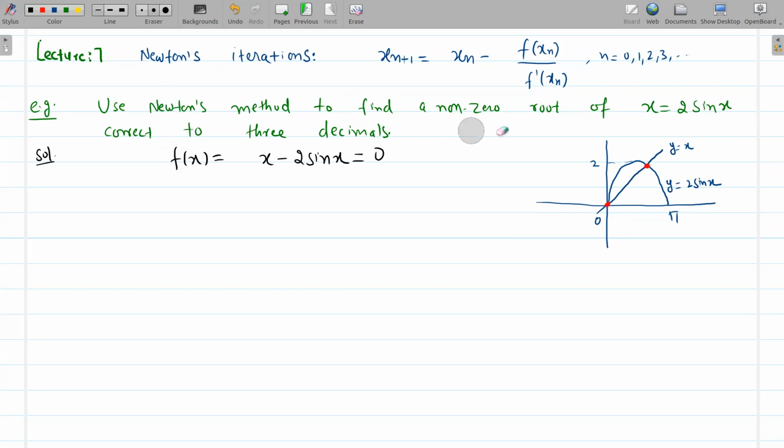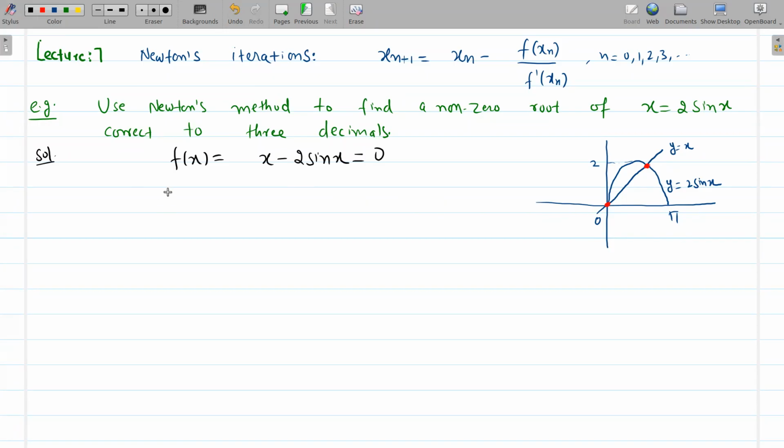In this problem, we need to find this root: a non-zero root of x equal to 2 sin x, meaning the point where x and 2 sin x are equal, so they intersect. You need to locate this root, and it lies between 0 and pi, so it is before 3.14.